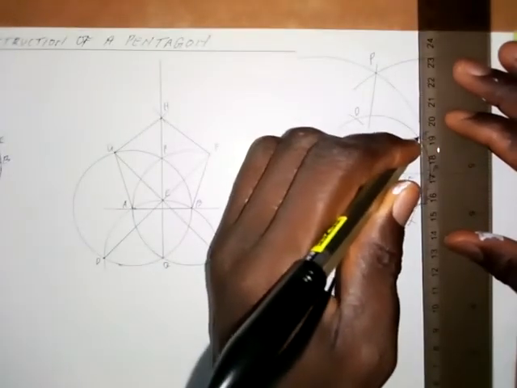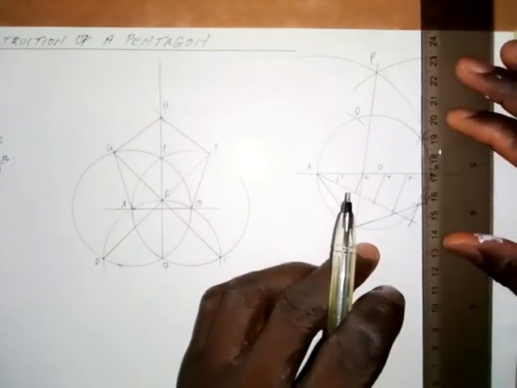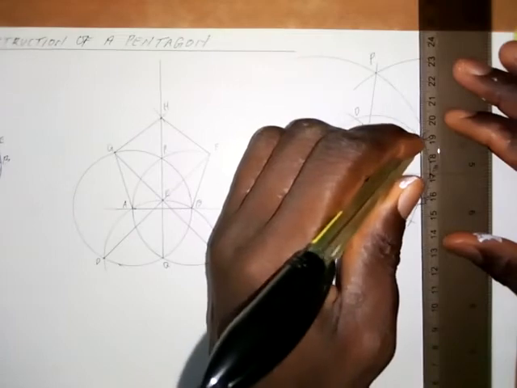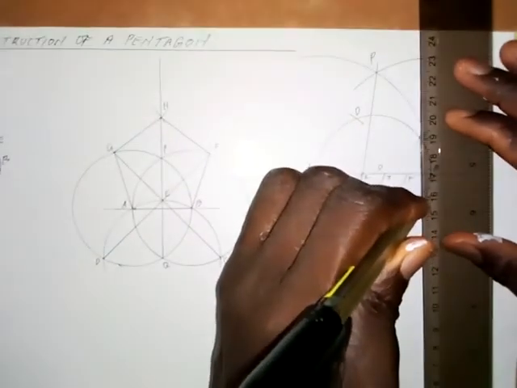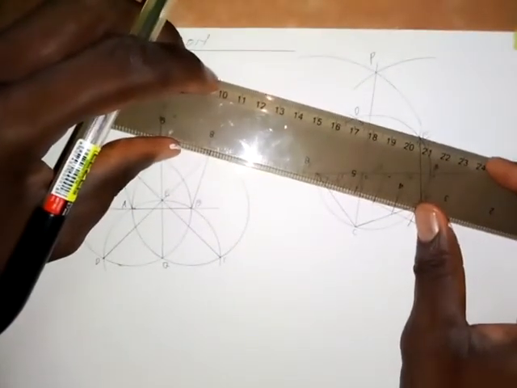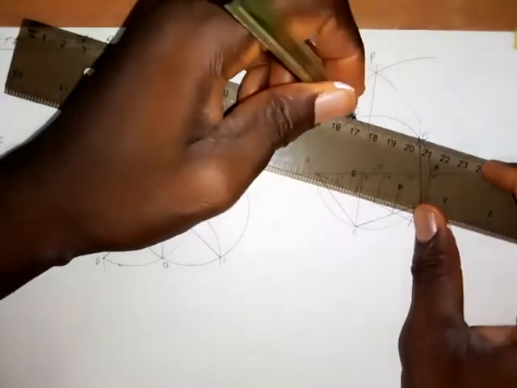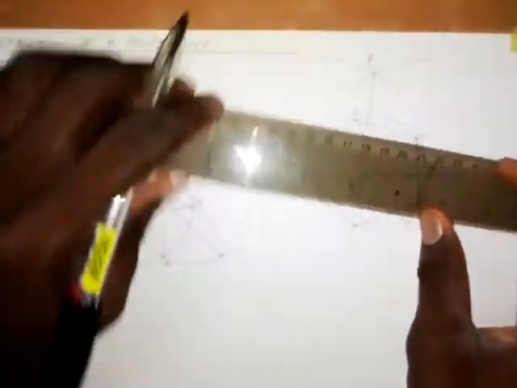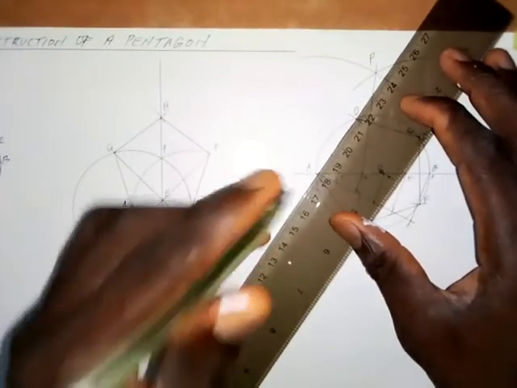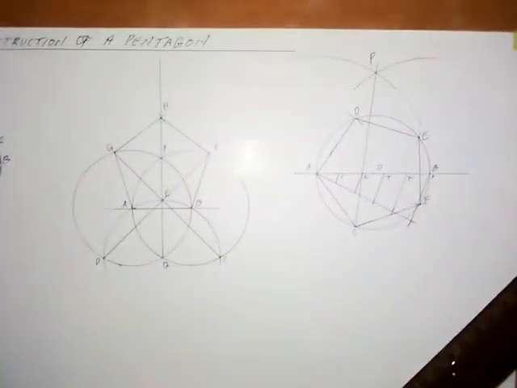Then we join EF together with a straight line, so it goes like this. Then we join DE together with a straight line. Then we join AD together with a straight line, so that goes like this. Okay, so this is the pentagon.